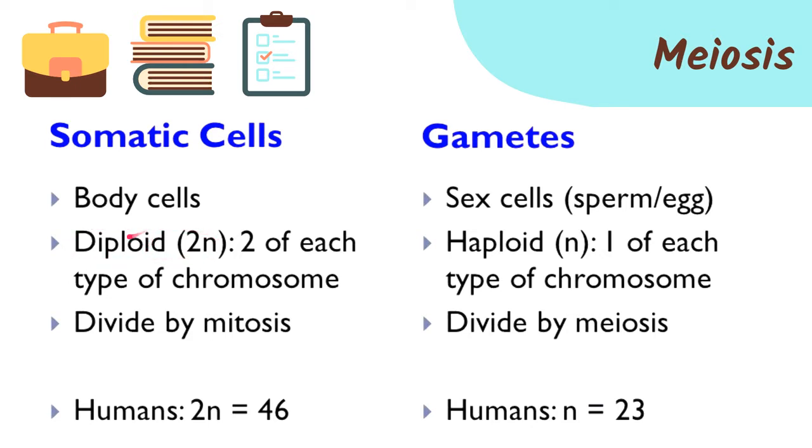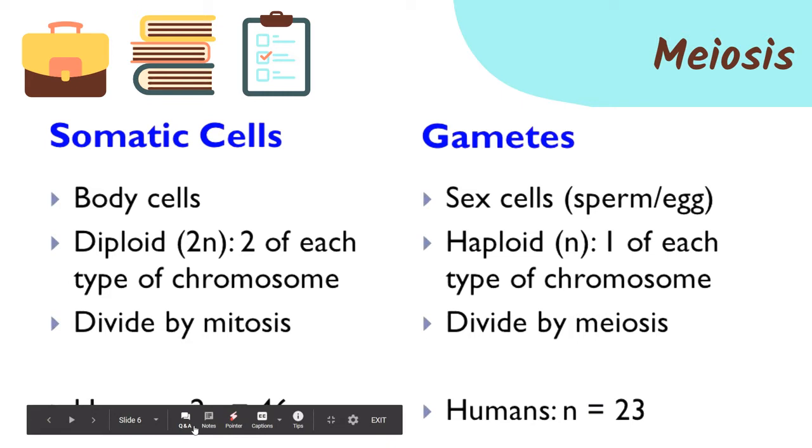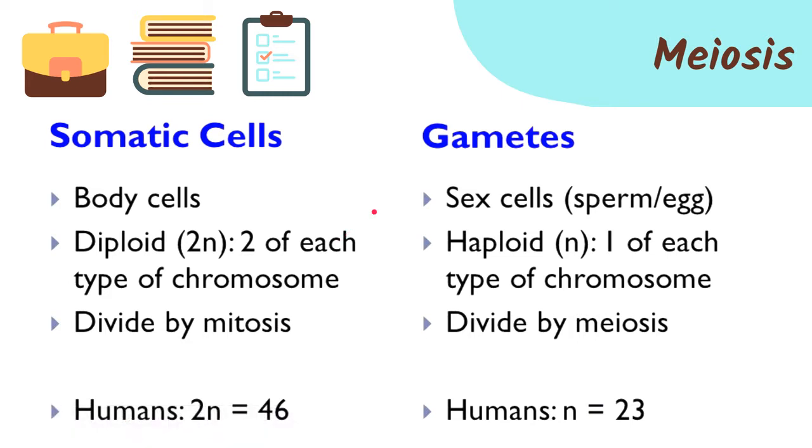When we say diploid, di, two, they have two copies of the chromosomes, or two of each type of chromosome. So body cells, somatic cells, they divide by mitosis. So in humans, the resulting daughter cells are also diploid, 2n, or a total of 46 chromosomes, okay?